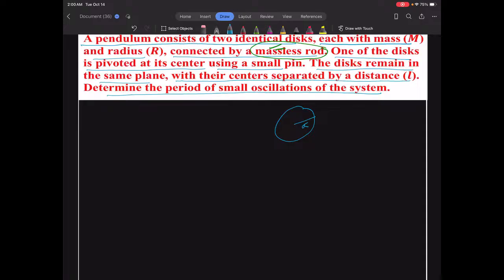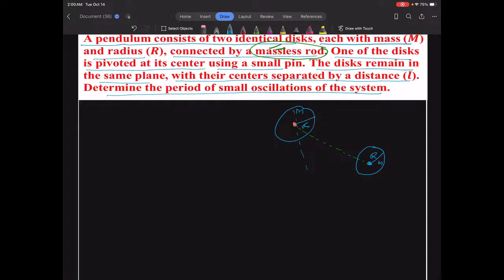Suppose this is a disc whose radius is r and mass is m, and this is pivoted at the center. To this disc another disc is connected, which is also the same, and its radius is r and mass is m.